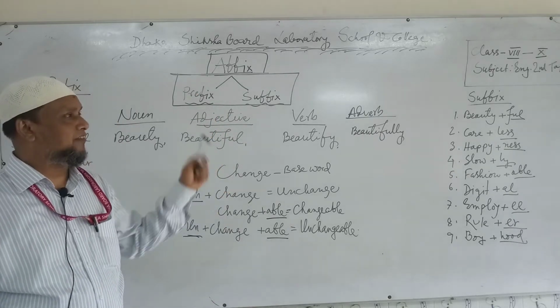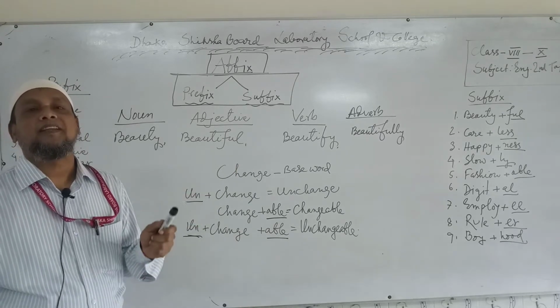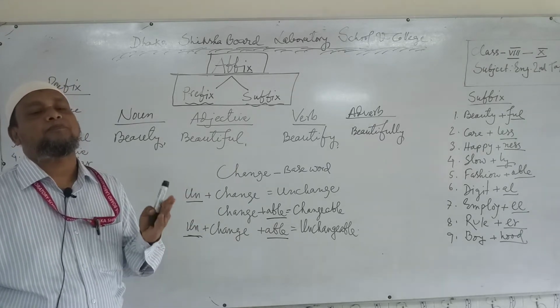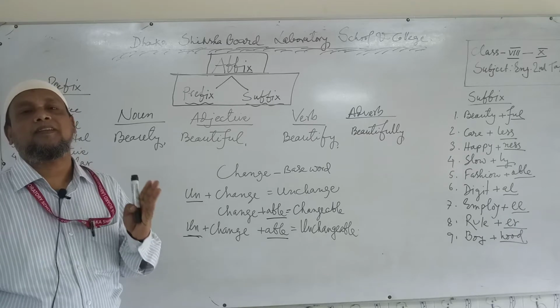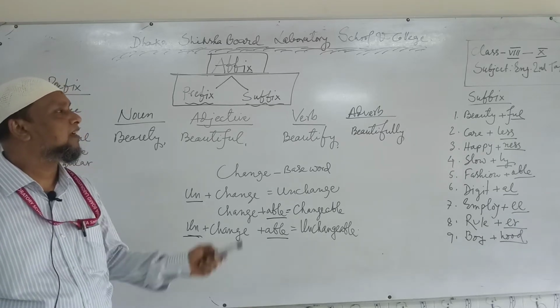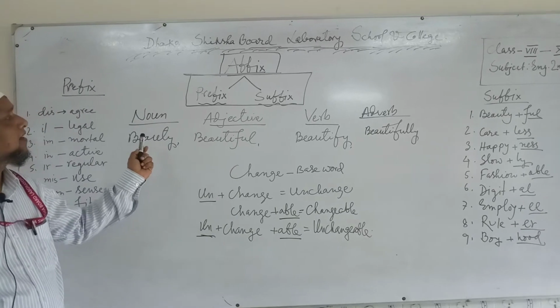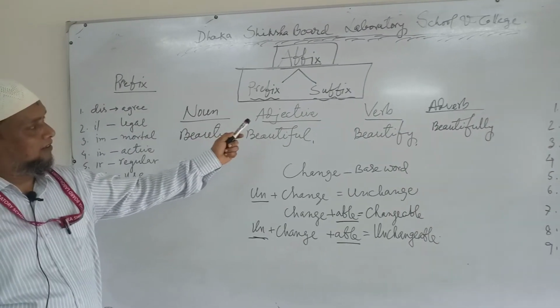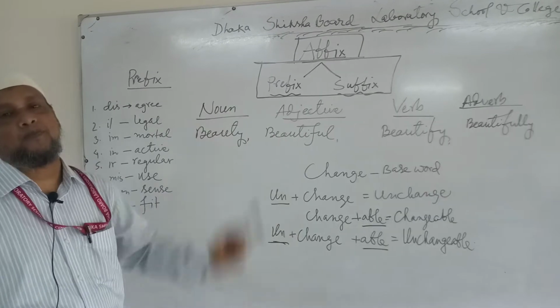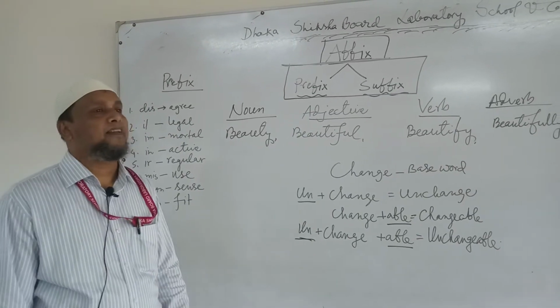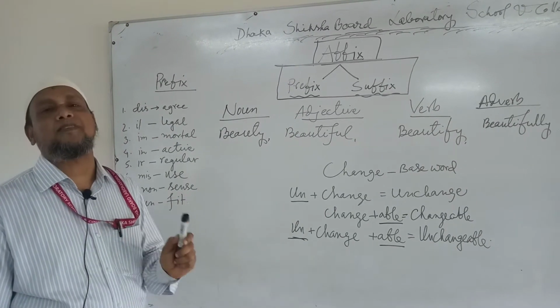Before going to the definition, I want to discuss another thing. Here on the board you can see that I have written 4 names of parts of speech. You know, there are 8 kinds of parts of speech.